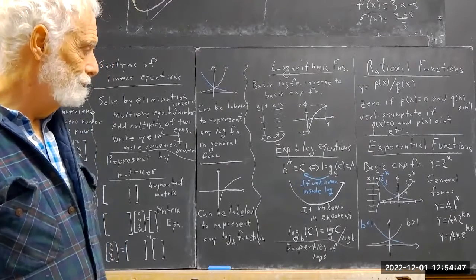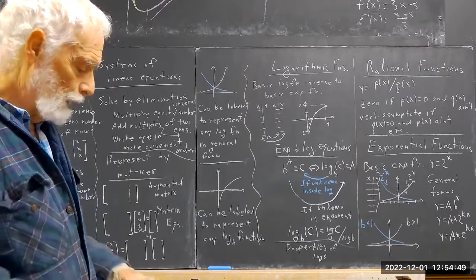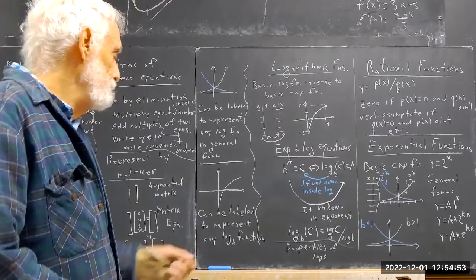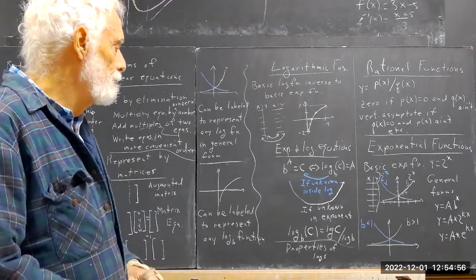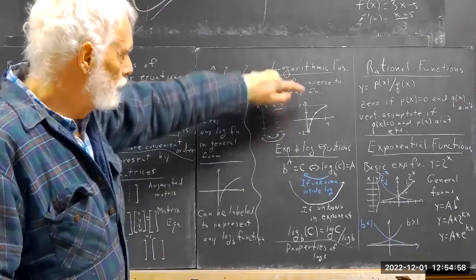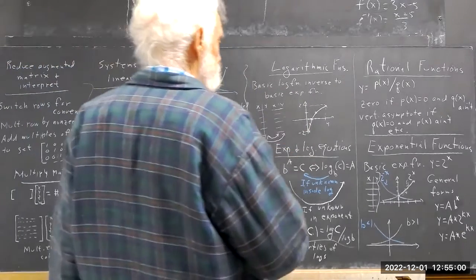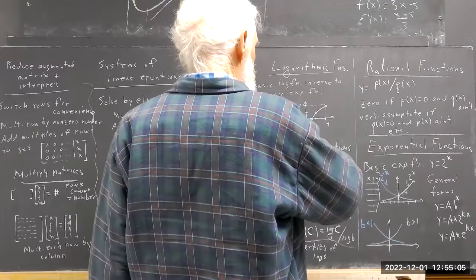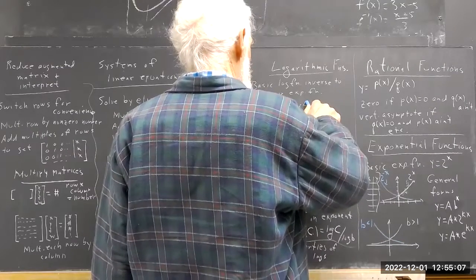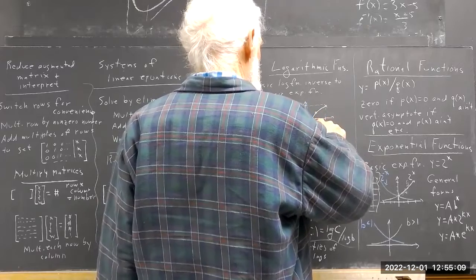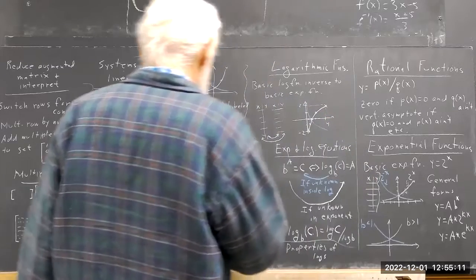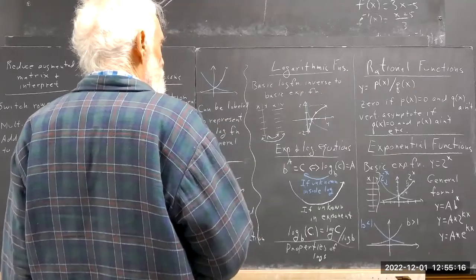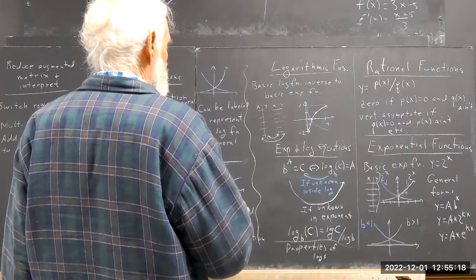Okay, now there's actually a log-base-b of a negative, which would be this. So you could have, actually I did that wrong.